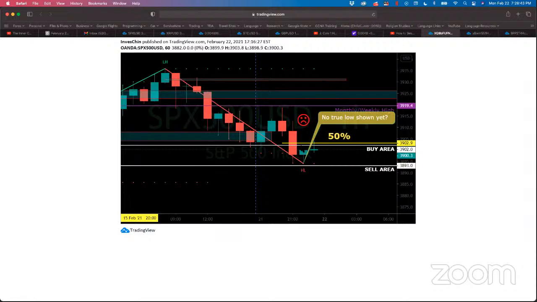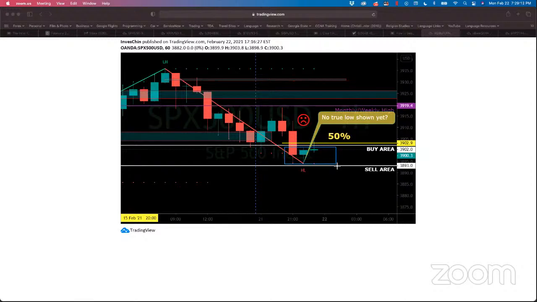And on the lower time frame, think about this as some structure. Think about this as being your area of structure right here.